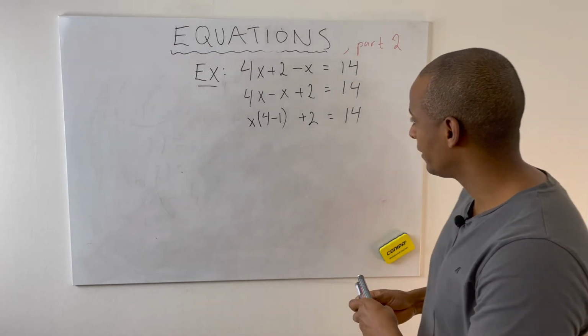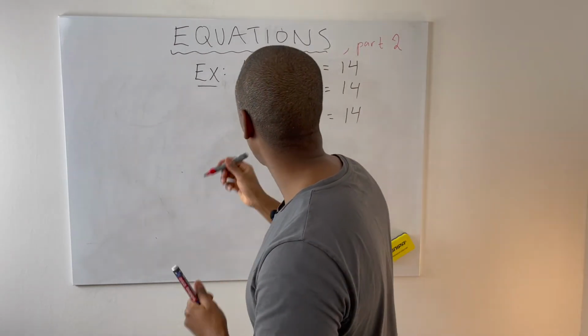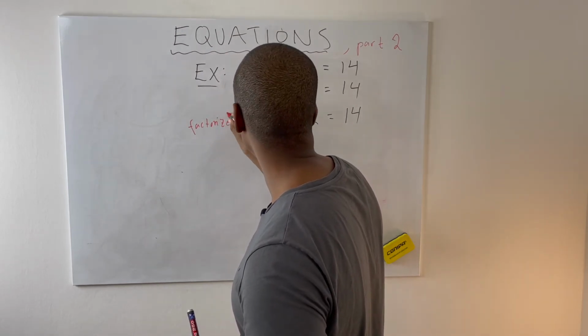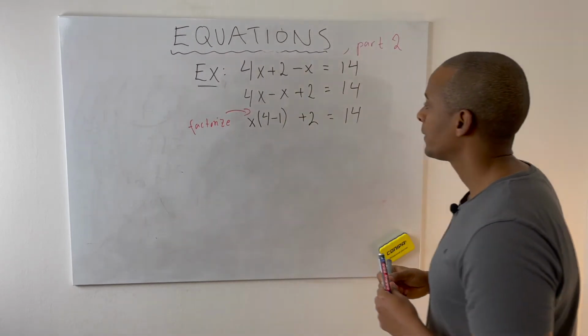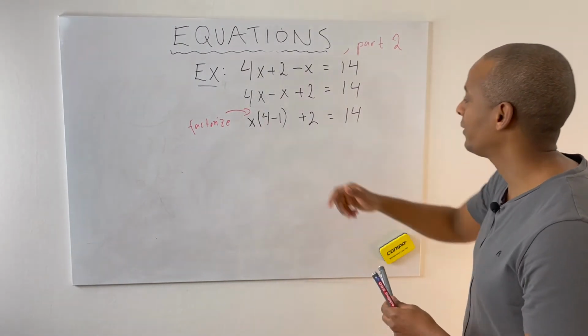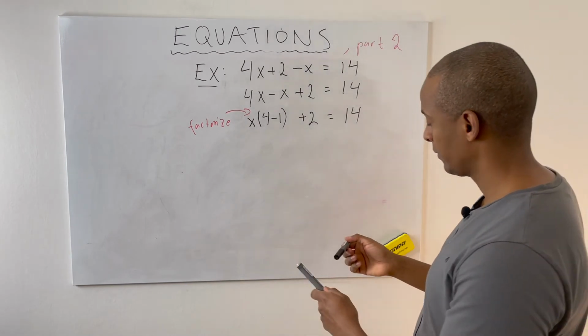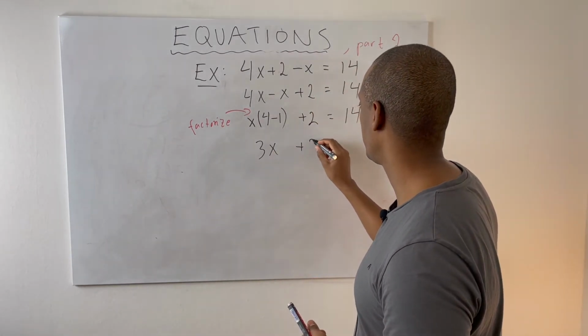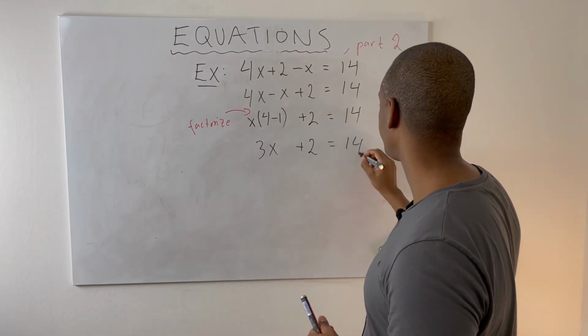So what we did here, very, very tricky. What we did here is we factorize. And now we only have 1x. And 4 minus 1, that's equal to 3. So we have basically 3x plus 2 is equal to 14.